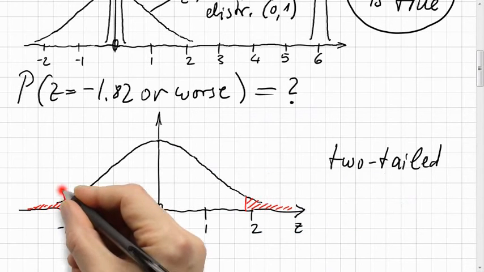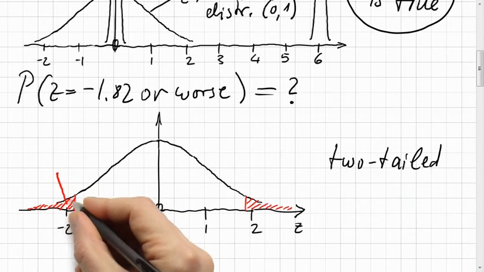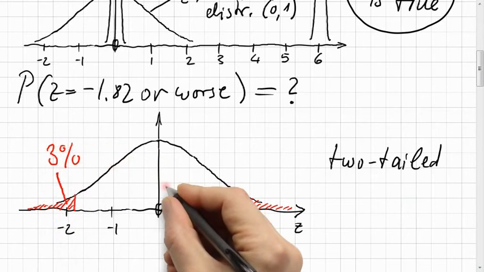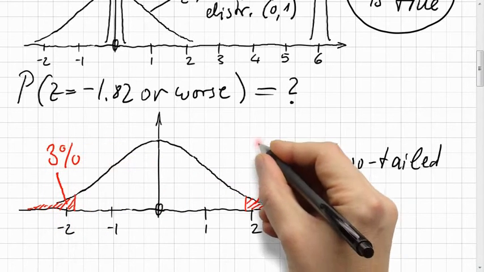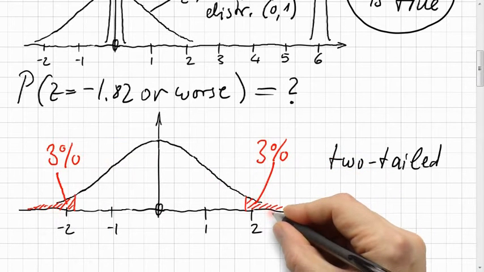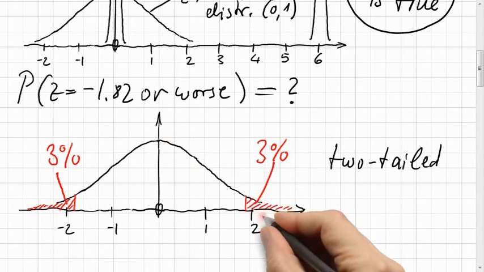So what we learn from that is that this area amounts to roughly 3%. And of course, by way of symmetry, this too amounts to roughly 3% of the total area under the bell shape.